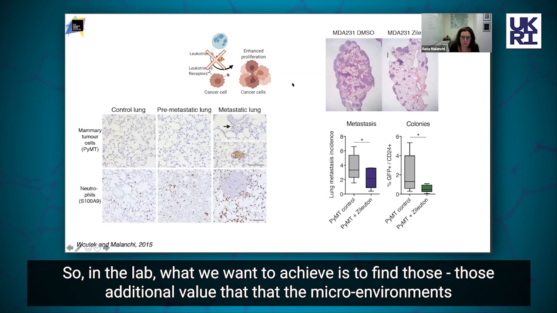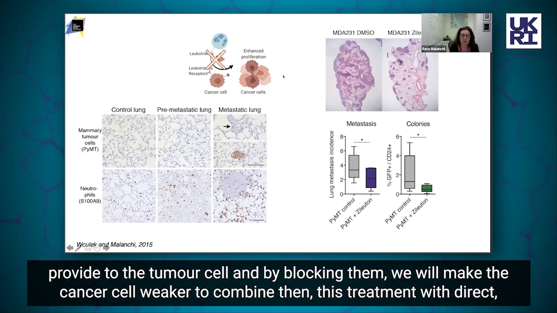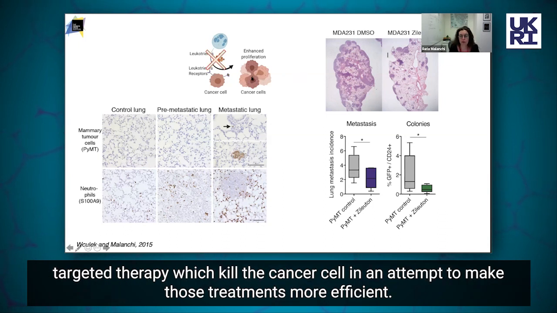So in the lab, what we want to achieve is to find those additional values that the microenvironment provides to the tumor cell. And by blocking them, we will make the cancer cell weaker, to then combine this treatment with direct targeted therapy, which kills the cancer cell, in an attempt to make those treatments more efficient.